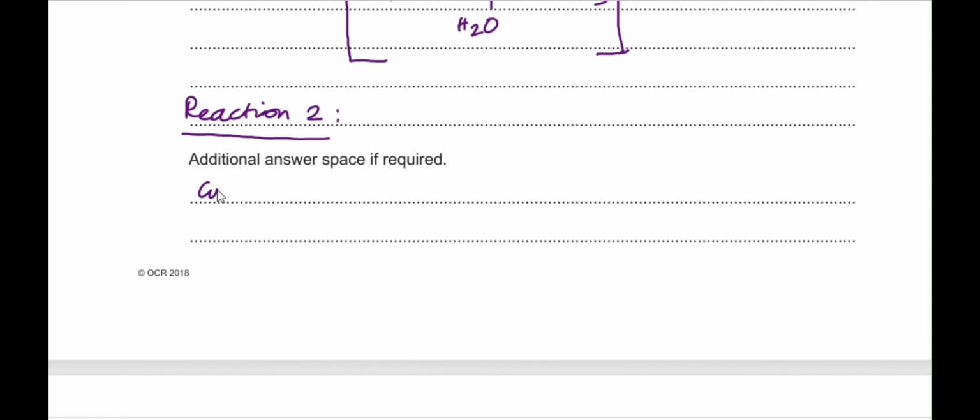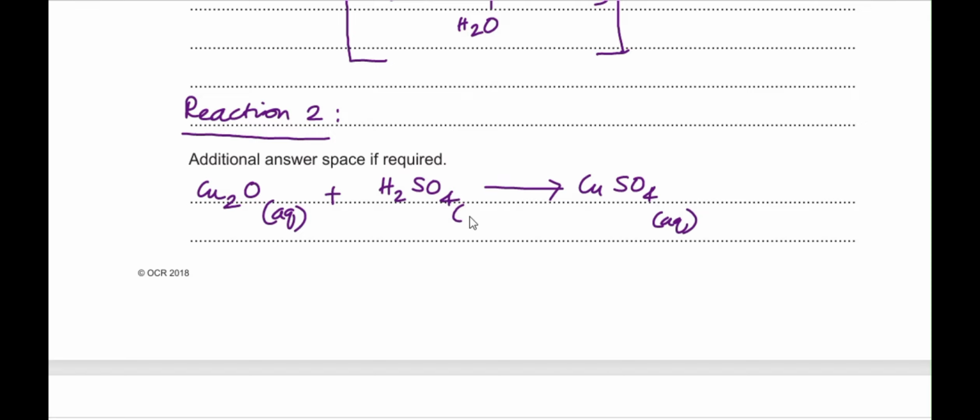Therefore, it will be forming Cu2O with oxygen, solid, plus dilute sulfuric acid, aqueous. That gives copper sulfate, aqueous, plus it will form copper solid plus H2O.